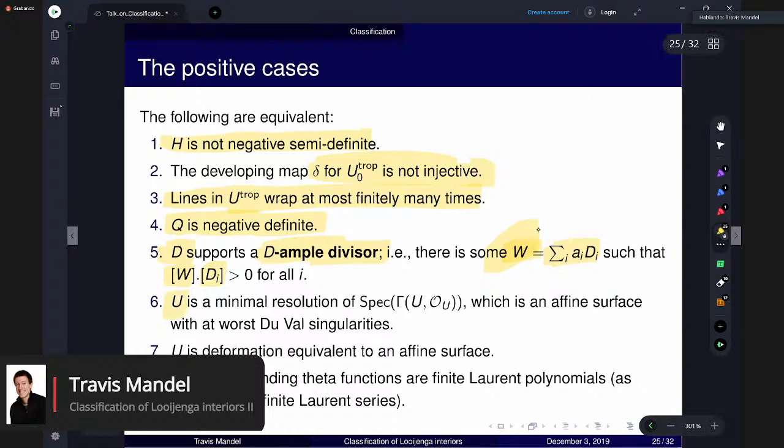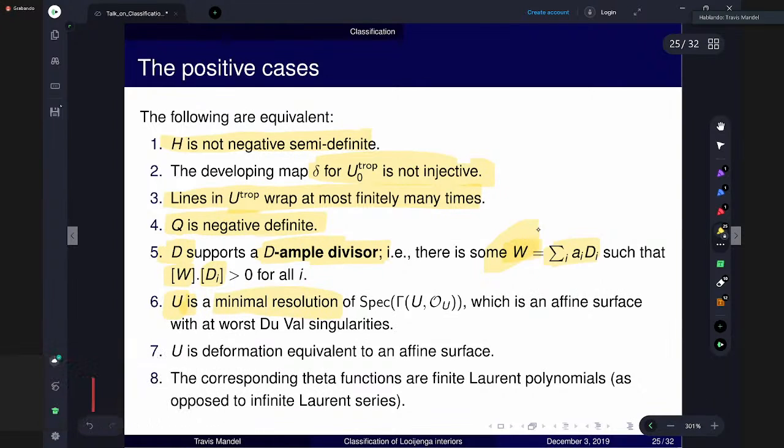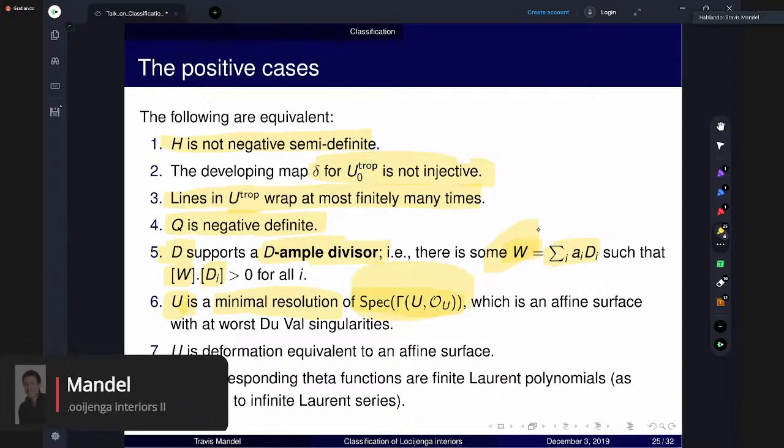So in these cases, U is affine, or well, maybe not quite affine, because as I said, you could have effective curves in D perp that get contracted in this map to projective space. So in general, U is a minimal resolution of an affine surface. So you take spec of the global sections of U. If U is affine, that spec of the global sections of U is U. But if you have some -2 curves, they'll get contracted when you take spec of the global sections.